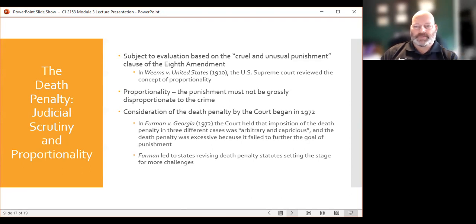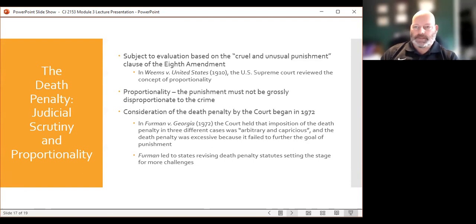The court began considering death penalty cases in Furman versus Georgia in 1972, and they found that the imposition of the death penalty in 3 very specific and different cases was arbitrary and capricious, and that the death penalty was excessive because it failed to further the goal of punishment.